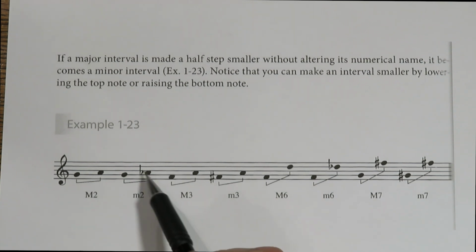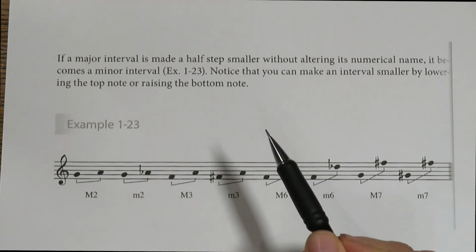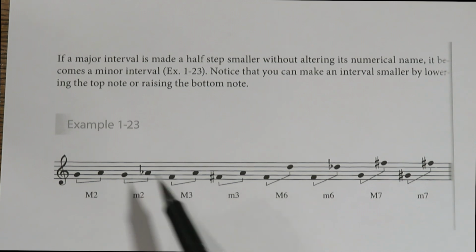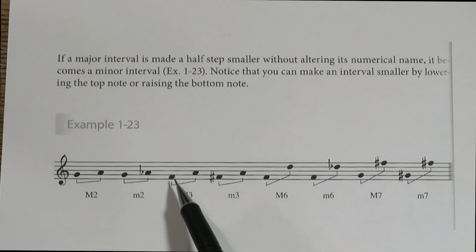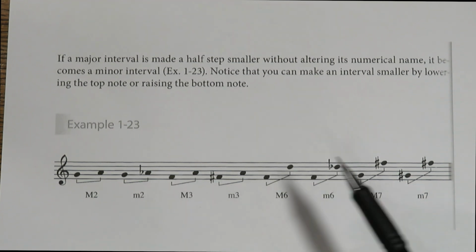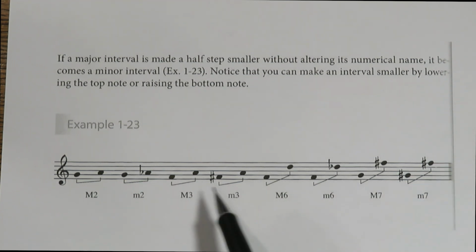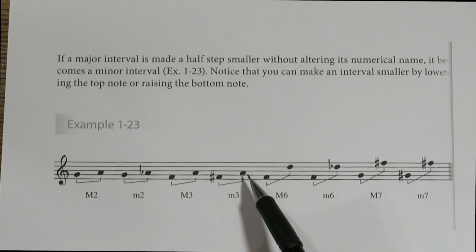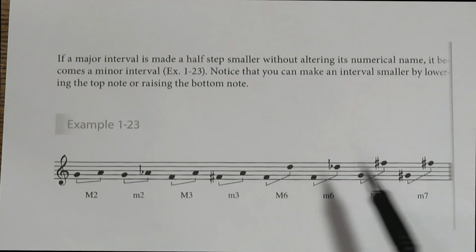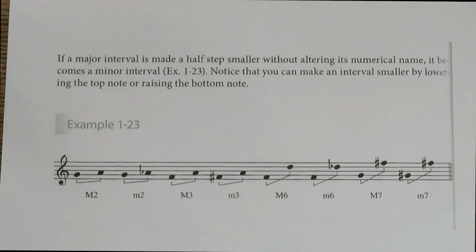You lower the top note, make it A flat, and it now becomes a minor second. So here's F to A, a major third. Now they raised the bottom note and sharped it, and it became a minor third, F sharp to A. Okay, and the same works for sixths and sevenths.